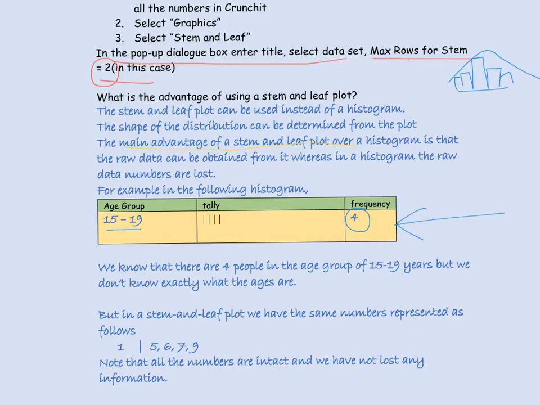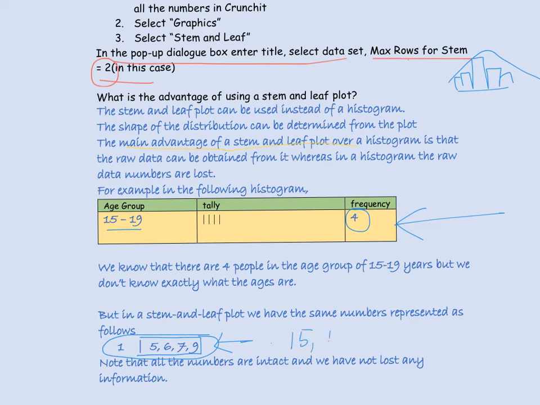However, in a stem and leaf plot, the same numbers can be represented with a stem, which is 1, and the leaves that are 5, 6, 7, and 9. Notice that it's clear that there are 4 people in this age group, and in addition to that, we know exactly how old they are.